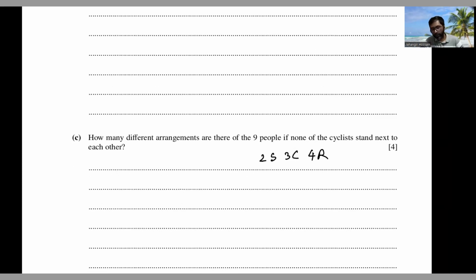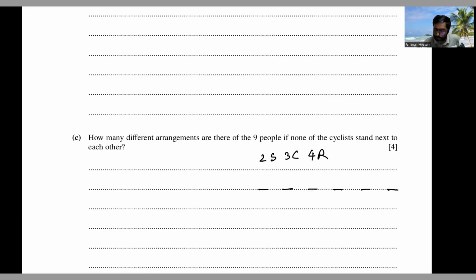So forget the cyclists. If we exclude the cyclists, we have a total of six members in the group. You can arrange the six members first. Then, if the cyclists do not stand next to each other, how many possible positions are there for the cyclists?